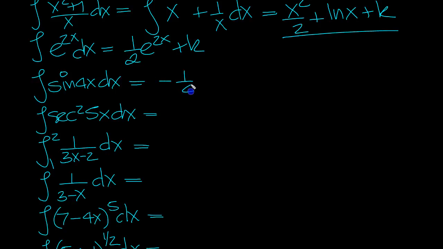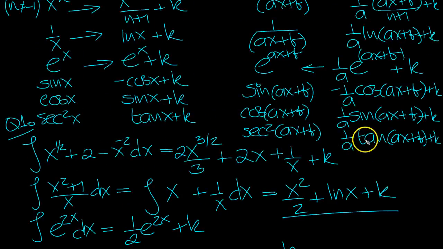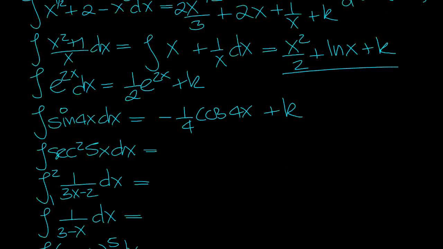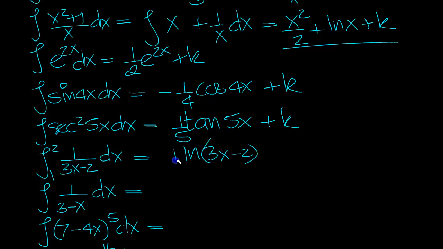Minus 1 over 4 cosine of the 4x plus the constant of integration. Sec squared integrates to tan here, but the 1 over a comes out, doesn't it? So we have tan 5x plus k, but the 1 over 5 comes out. And then this is ln of 3x minus 2, isn't it? And then the 1 over 3 comes out, plus k.